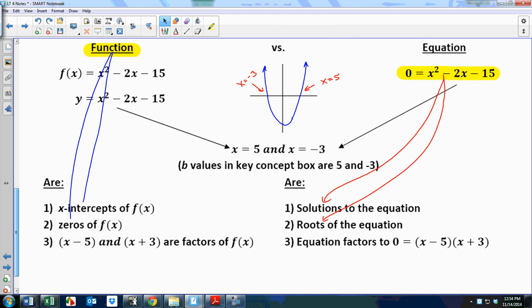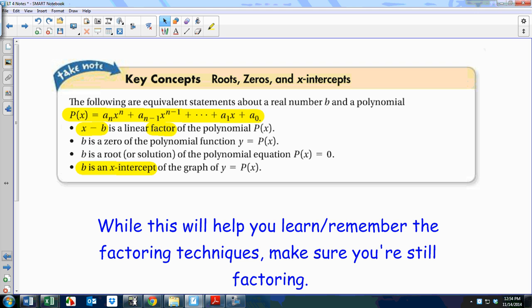The key concept box that we just looked at says if x equals 5, if 5 is an x-intercept, then x minus 5 is a factor. If x equals -3 is an intercept, then x plus 3 is a factor. Kind of like h in vertex form.